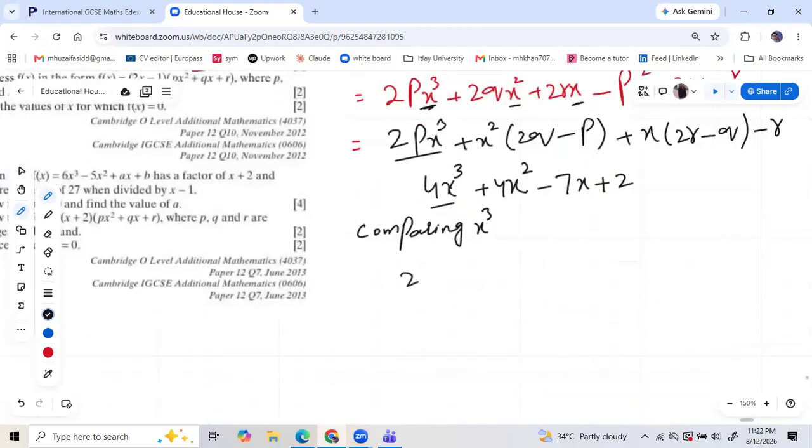So this is your 2p is equal to what? 2p is equal to 4. So p is equal to what? 4 divided by 2. So p is equal to 2.